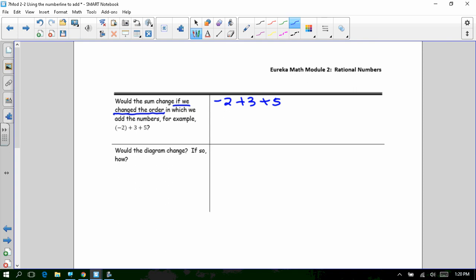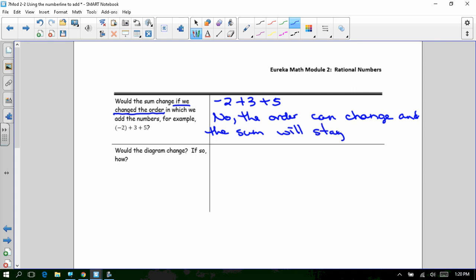We can add these in any order. So, no, the order can change and the sum will stay the same. Right? The sum's going to stay the same.